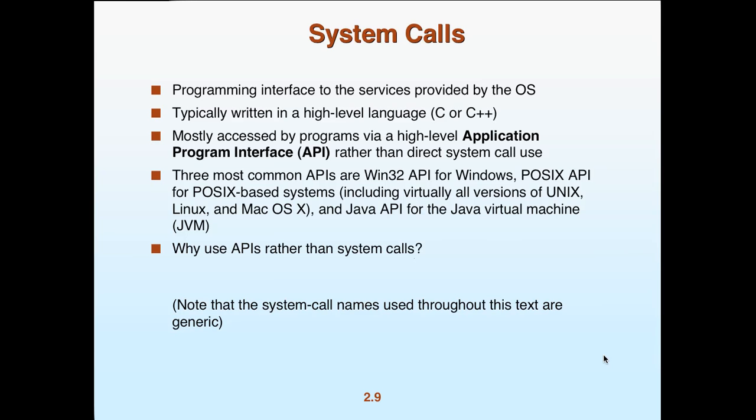And I think I may have mentioned this last week as well. So we have an application programming interface rather than the direct system call use itself. An example of this would be system I/O, so printf, scanf, cin, cout in C++, that are higher level calls, like printf as a function call that's implemented with a lower level.